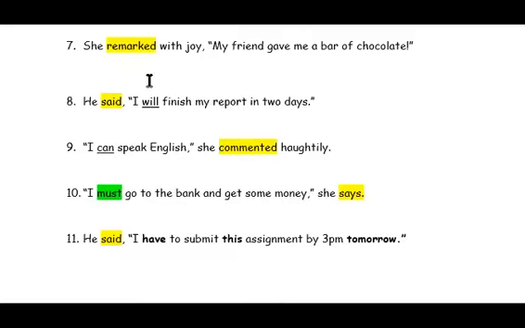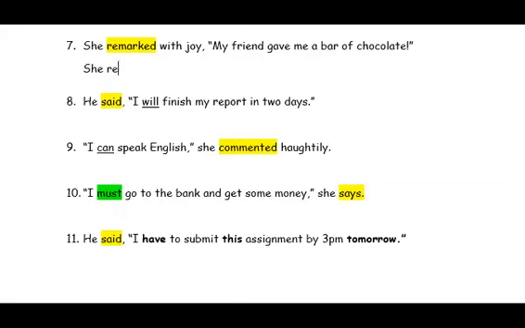Moving on. She remarked with joy, my friend gave me a bar of chocolates. Same thing with this. Ask yourself, what is the tense of the sentence when I convert it to indirect speech? We find the tense by looking for the introductory verb, which in this case is remarked. Remarked is in the past tense.